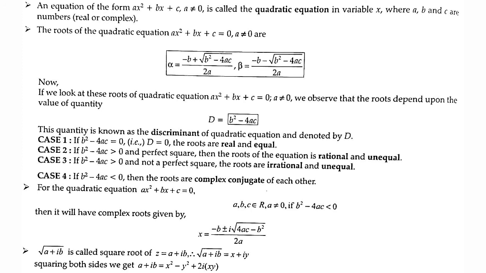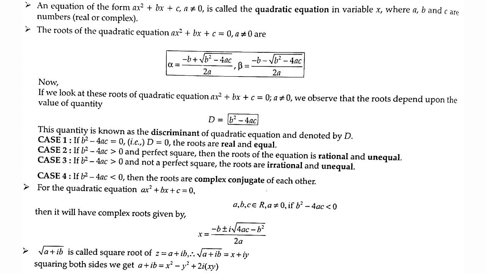For the quadratic equation ax square plus bx plus c is equal to 0, a, b, c belongs to real numbers, a does not equal 0, if b square minus 4ac is less than 0, then it will have complex roots given by x is equal to minus b plus minus iota square root of 4ac minus b square divided by 2a.